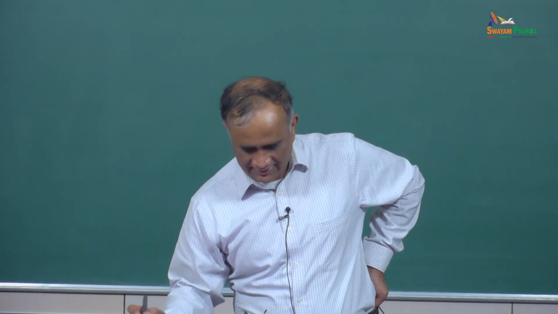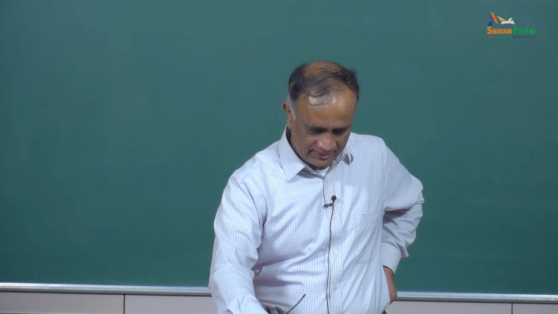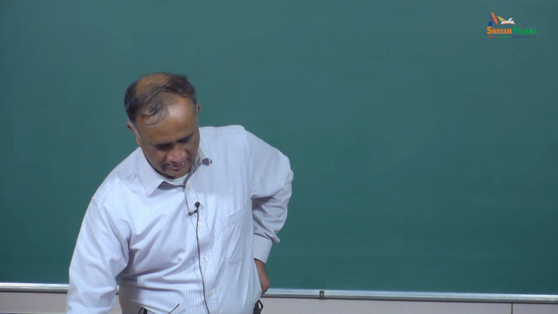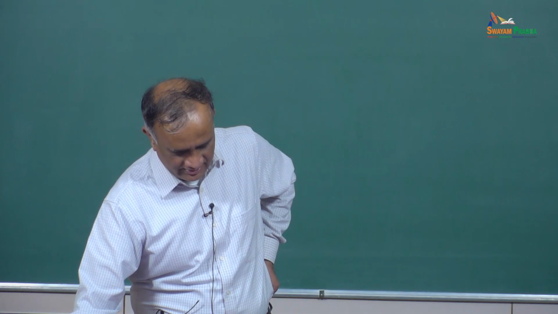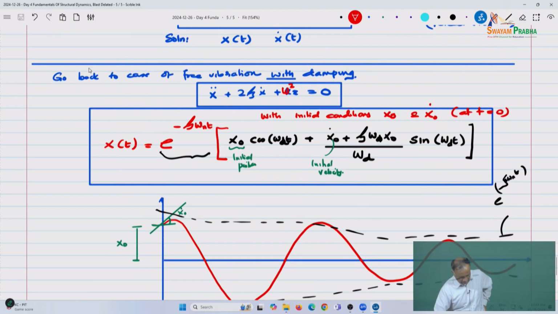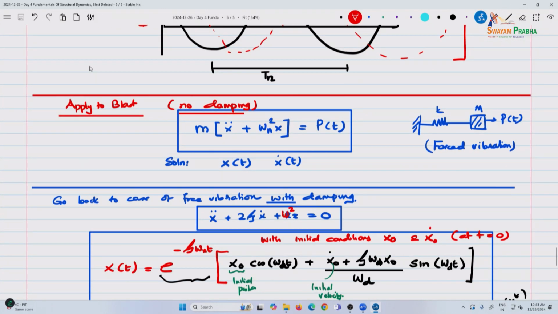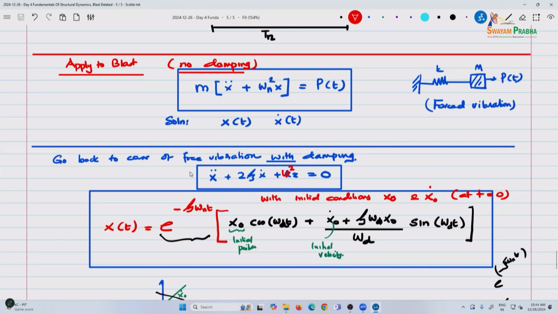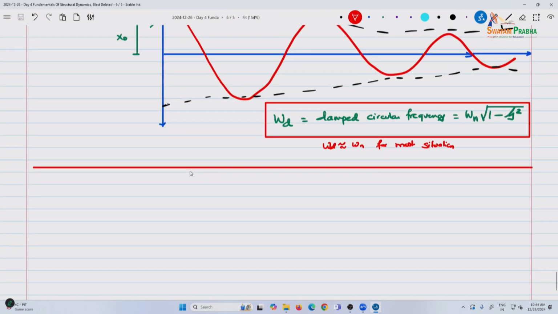So, now let us come back to our case. So, a little digression, but when you develop the topic, I prefer to include all these fundamentals. So, we are coming back to m x double dot plus omega n square x.